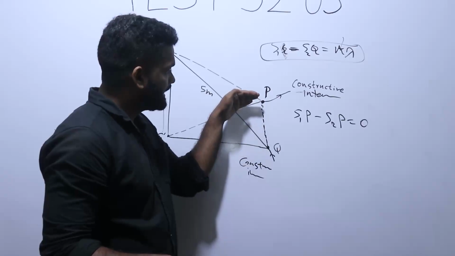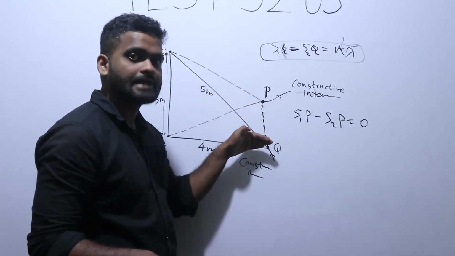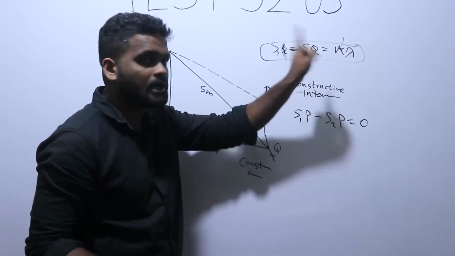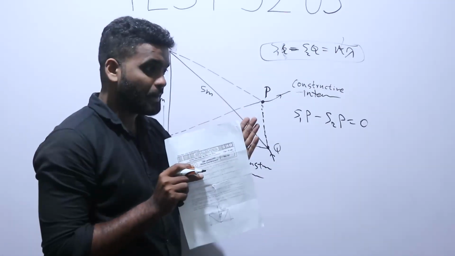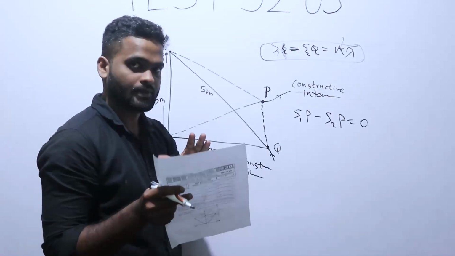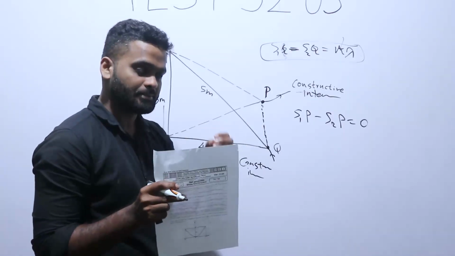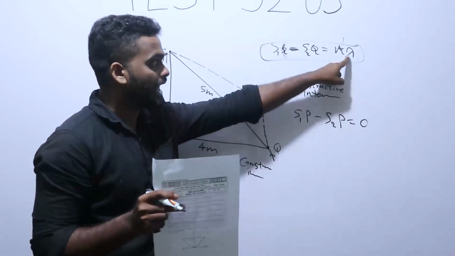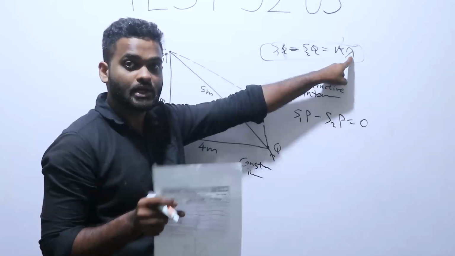So the path difference is 0, or an integer multiple of lambda, and that's always constructive interference.